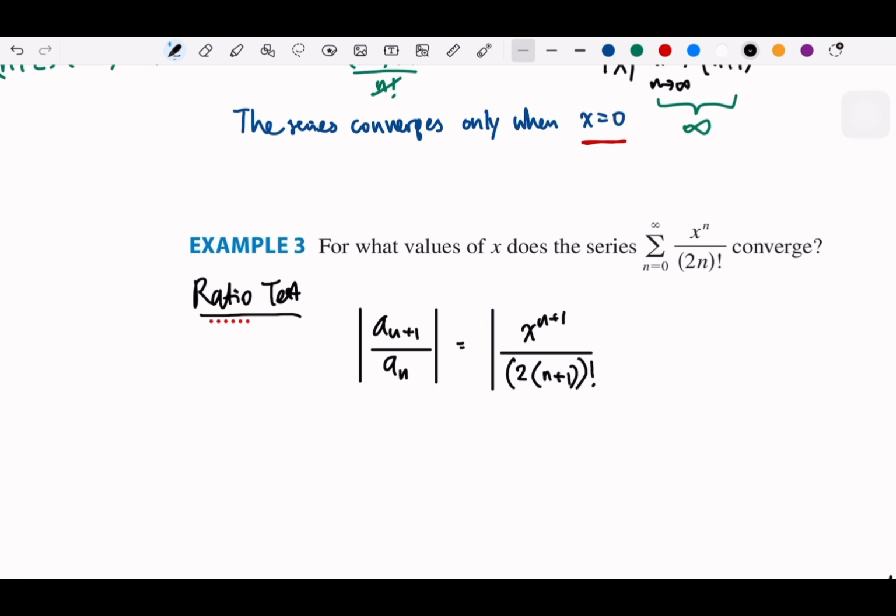Okay, that's the n plus 1 if we change. And then this is 2n factorial, and this is x power n. So we have cancellation on x, and we have only x. So we have 2n factorial over 2n plus 2 factorial, and then this will be x in absolute value.